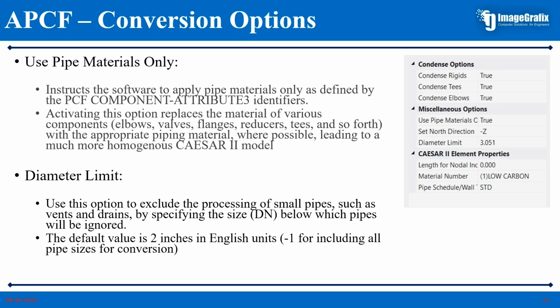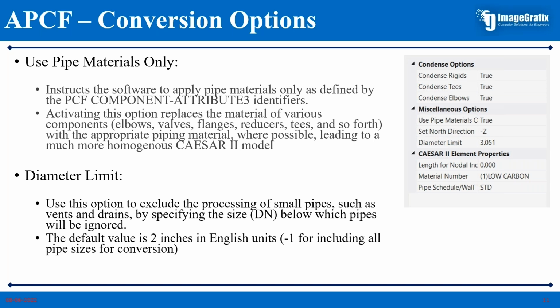Then diameter limits. North direction, as usual: plus X, minus X, or plus Z, minus Z. Whichever direction you want your north to be established, you can select it according to your requirements either here, or once the model is ready, you can select it inside internally also. Then you have diameter limit. Now, when will these diameter limits be helpful? I have a model which has lots of tappings.